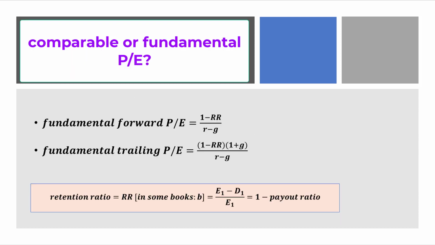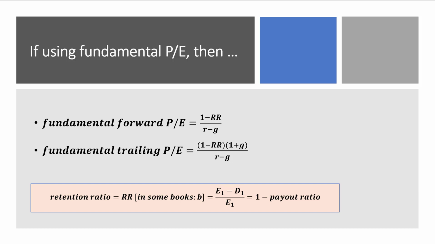We are still with the second decision, using a comparable or fundamental PE. If you're using the fundamental PE, then you need to apply one of those two equations as is relevant to your identification that you're working with either forward or trailing PE.